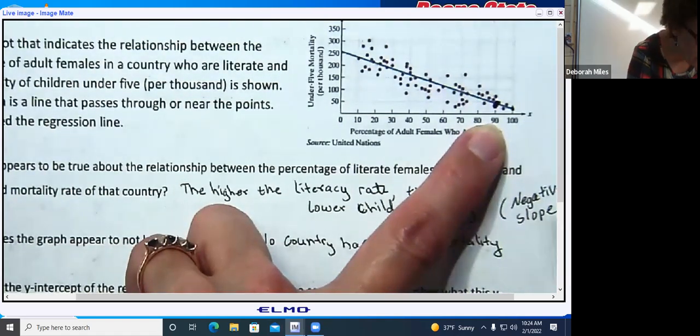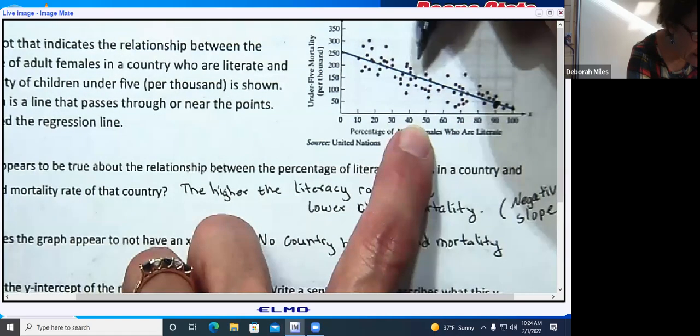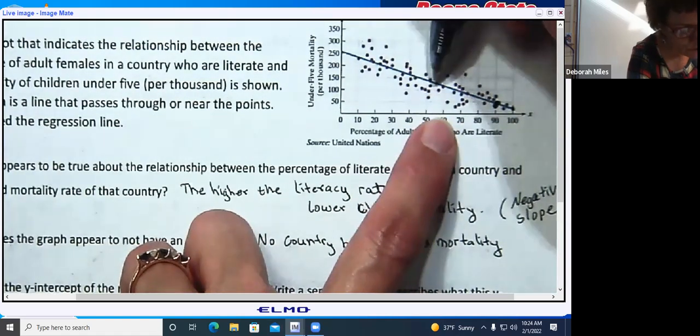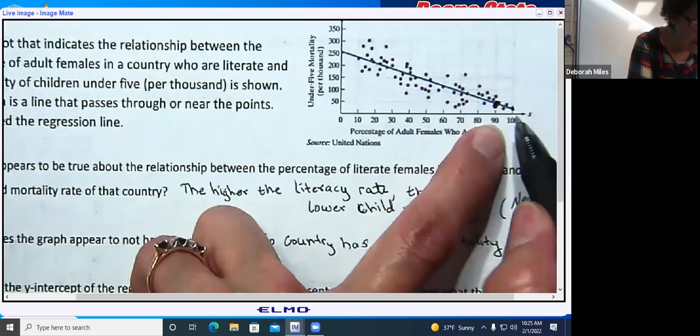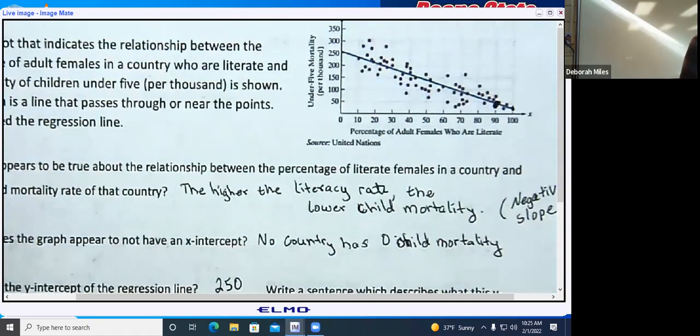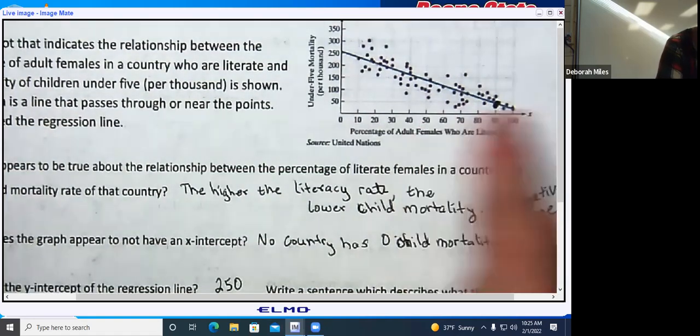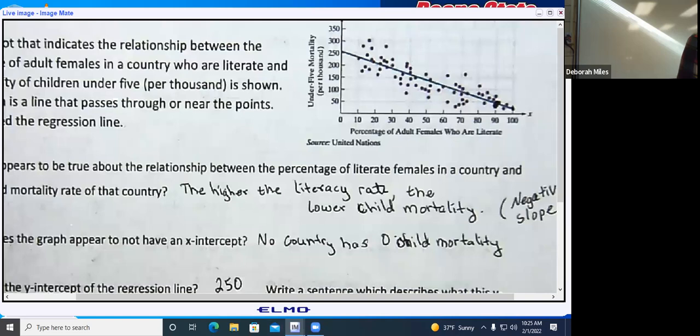Now, maybe there's another point. It's pretty close right here. It's pretty close at all the points on the line, but right here, when x is 90, I believe I can read it precisely as y is 50.